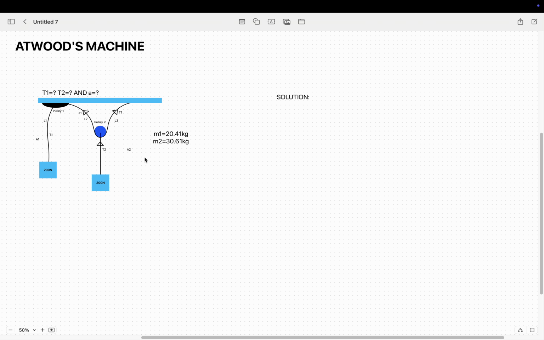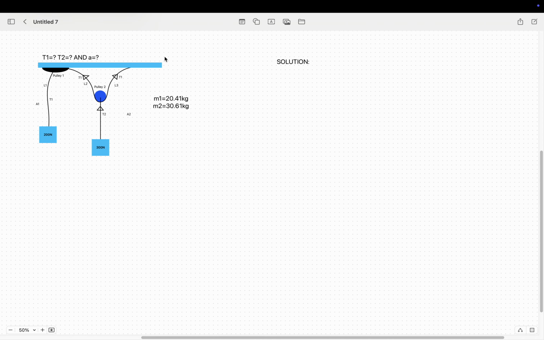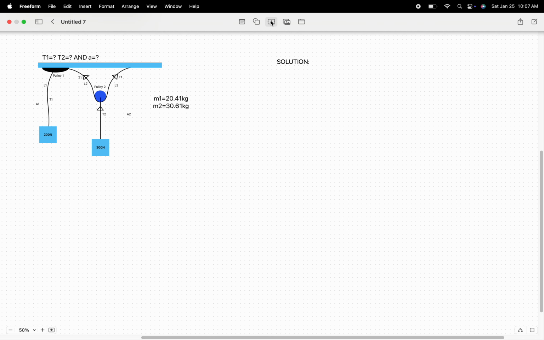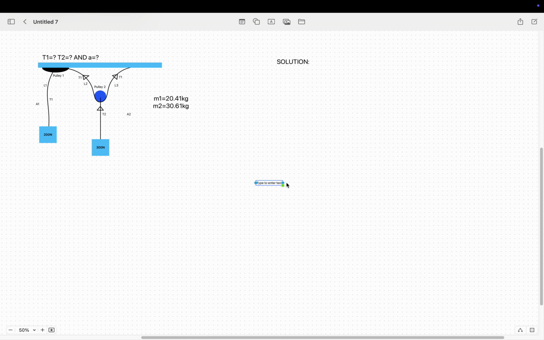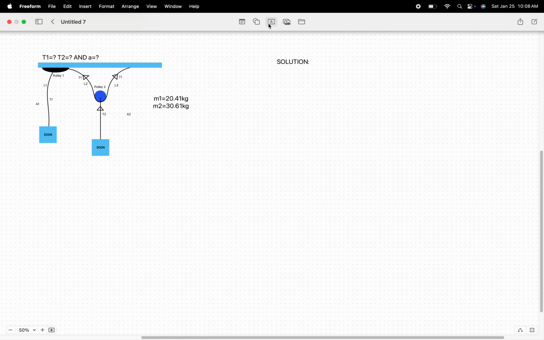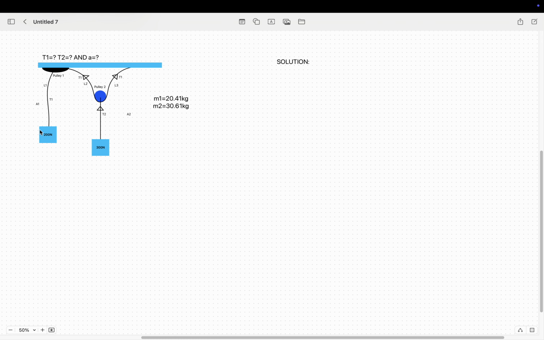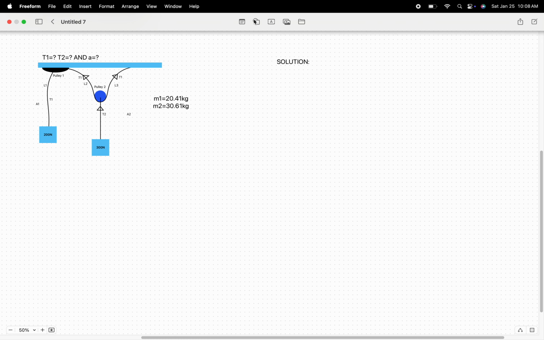So let us assume a direction of the acceleration. Let us assume that the acceleration is in favor of the 300 Newton object, downwards, and against the 300 Newton object, the acceleration of the 200 Newton object is upwards.